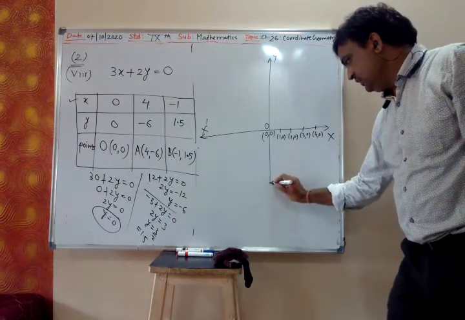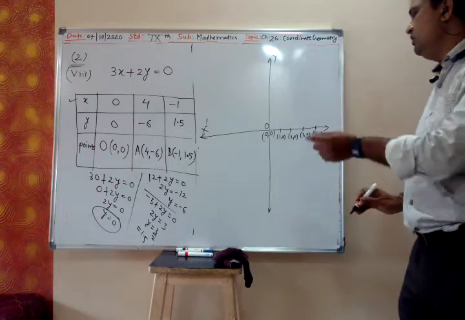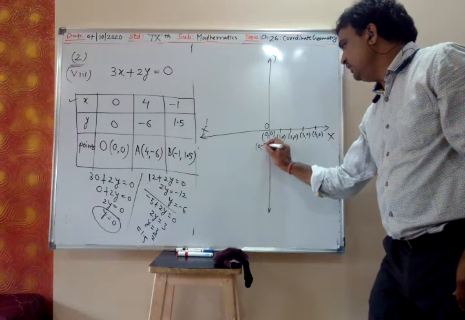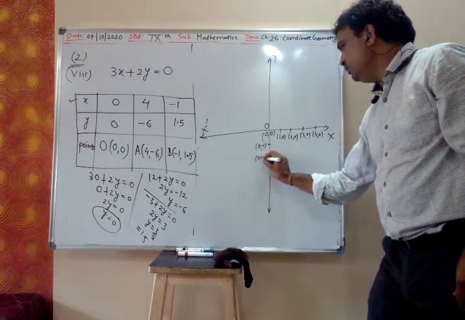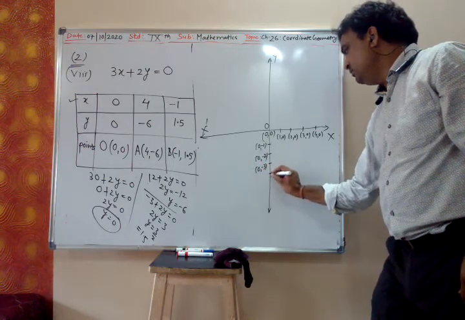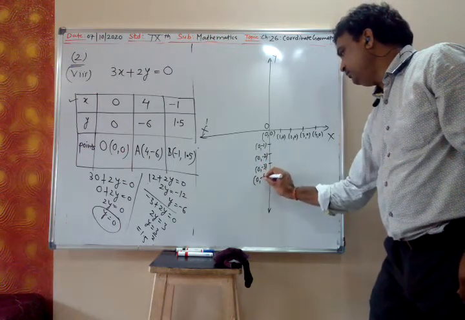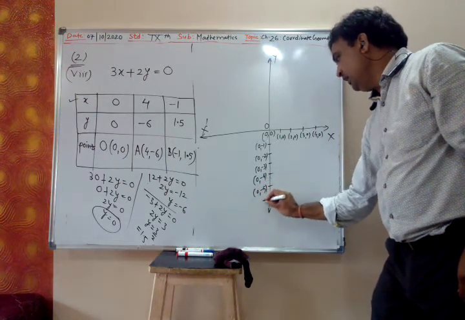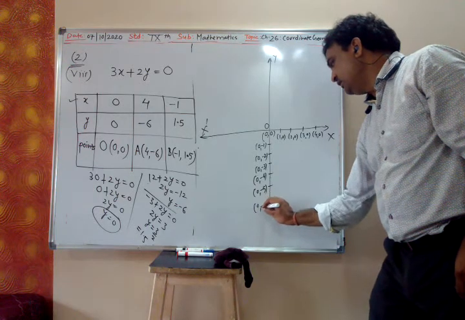Yes, downward. And see, any point which lies on y-axis has x coordinate 0. So this is 0 comma minus 1, 0 comma minus 2, 0 comma minus 3, 0 comma minus 4, 0 comma minus 5, and 0 comma minus 6.